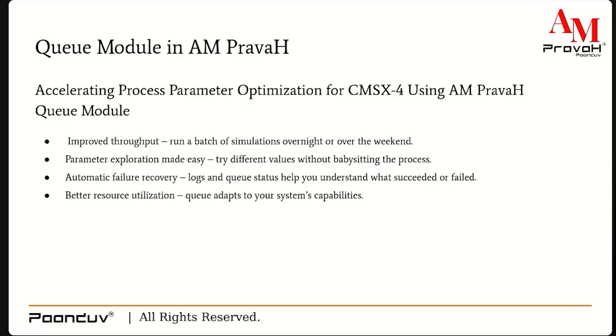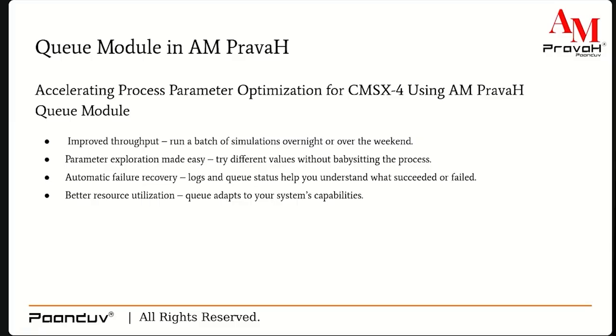Here I've taken a process parameter optimization case for the new alloy that Dr. Abhideep mentioned in the very last session. It is comparatively a new alloy in the additive manufacturing space.